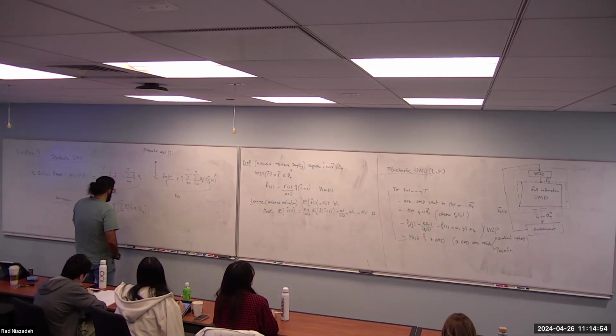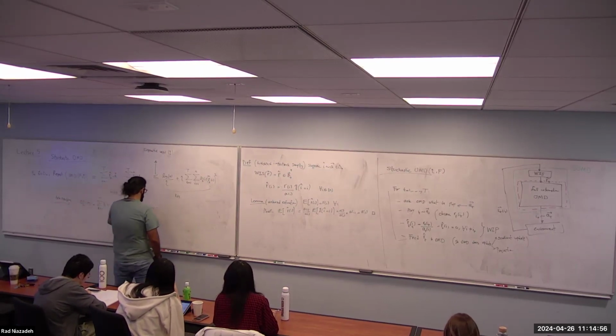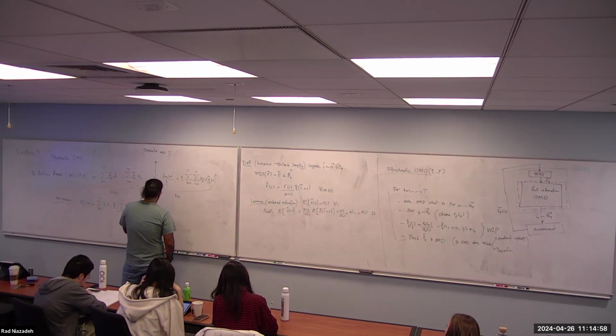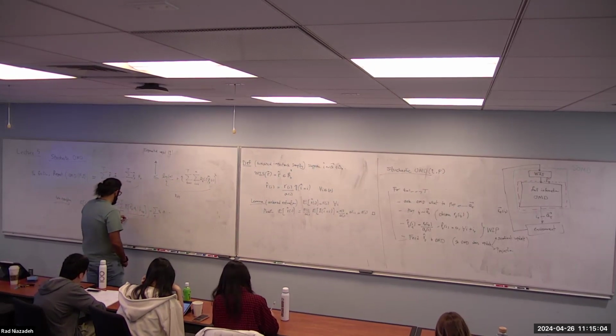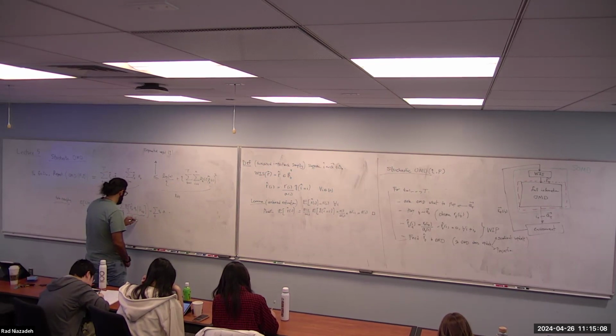So therefore, I can write it down as simply summation over t, r_t dot a, minus the expectation of r_t hat, conditioned on the past, times a_t, the dot product.